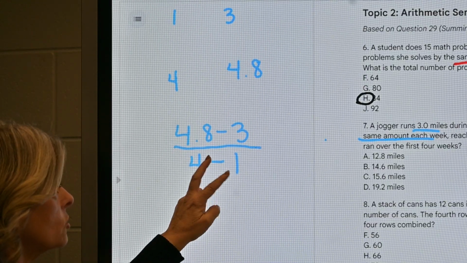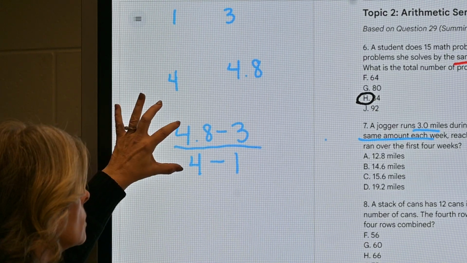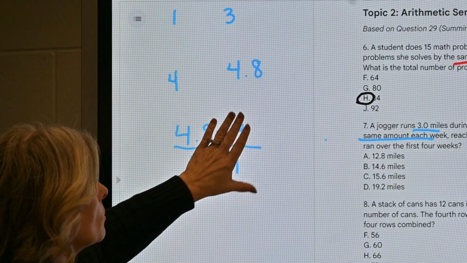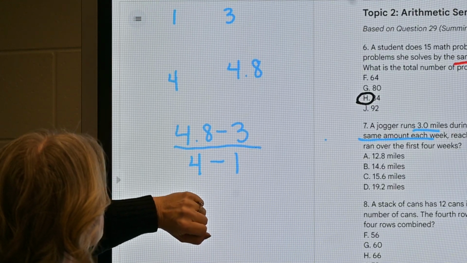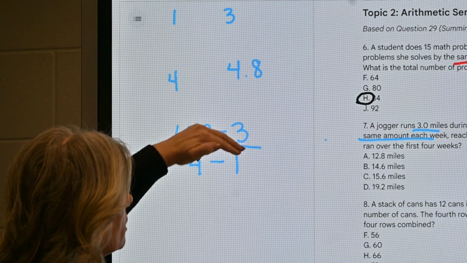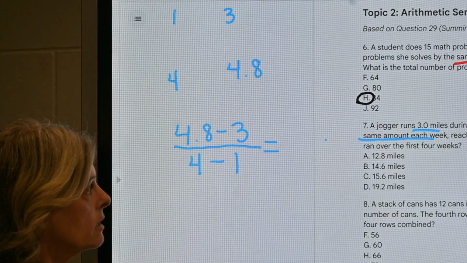If you have these transposed, you will get the wrong answer every time. They have to be the ones that belong together over top of each other, okay? And then same thing with our x coordinates. These are x's. So where I have my 1, I had my 3 on top. Just make sure you got them all lined up, and then once you put them in your calculator, tell me what you get.